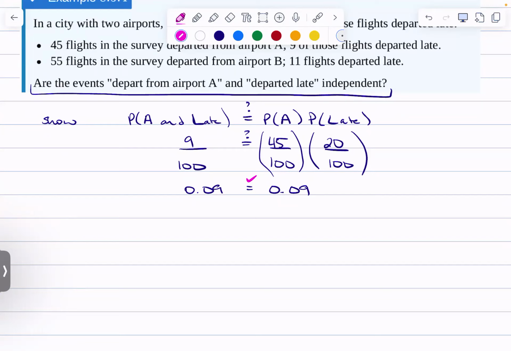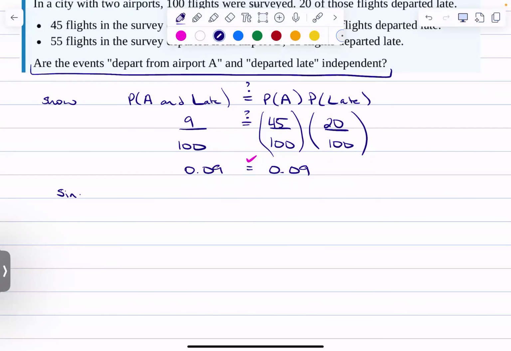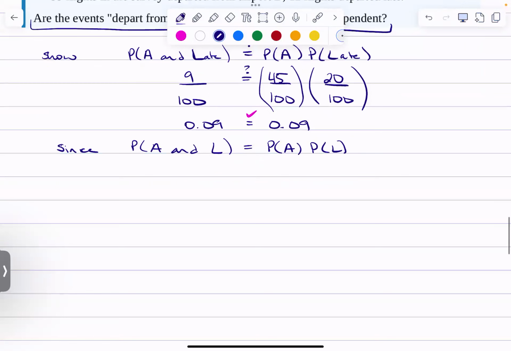They are independent. Therefore, since the probability of A and L, shorthand, is equal to the probability of A times the probability of L, A and L are independent.